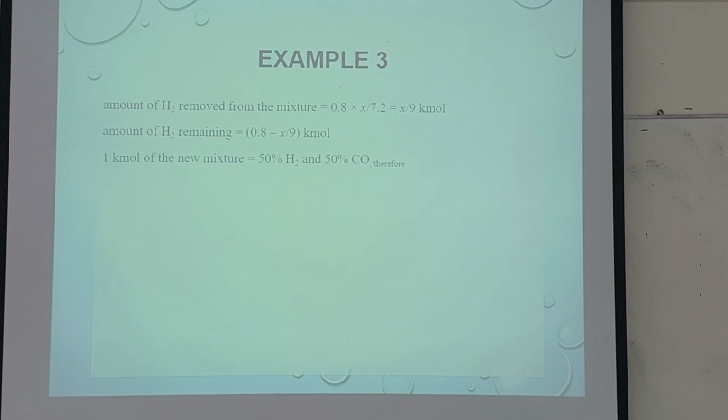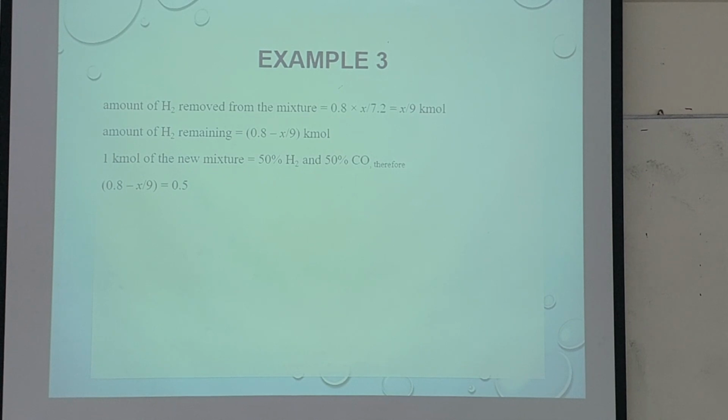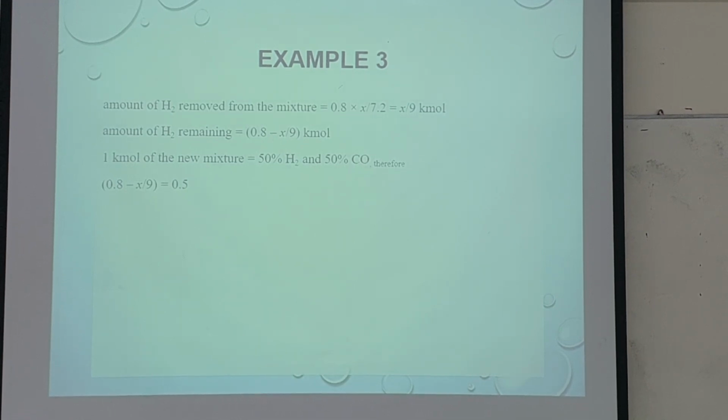Okay, so 1 kilomole of the new mixture is 50% H2 and 50% CO. Therefore, we know that the amount of H2 that remains is 0.5. Make sense? Then you can find X, you can find Y.